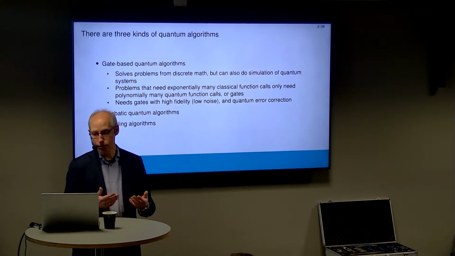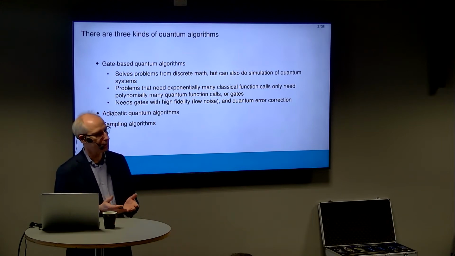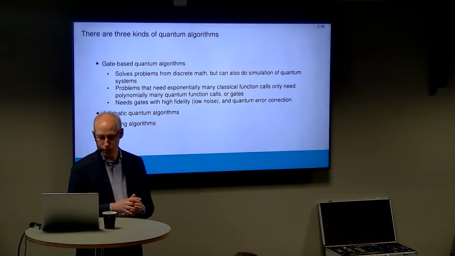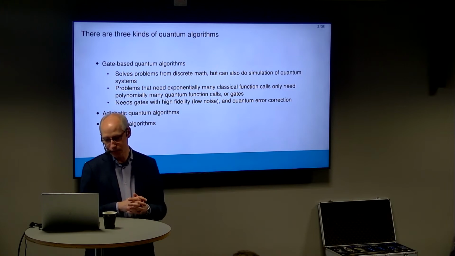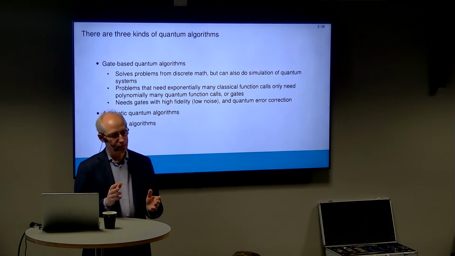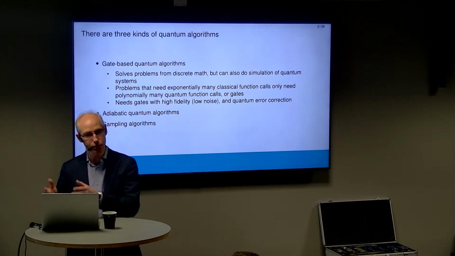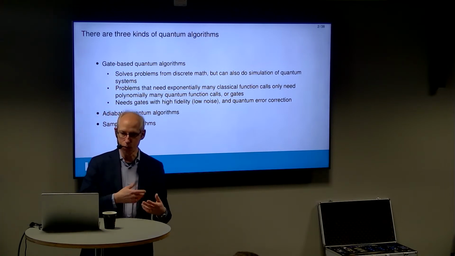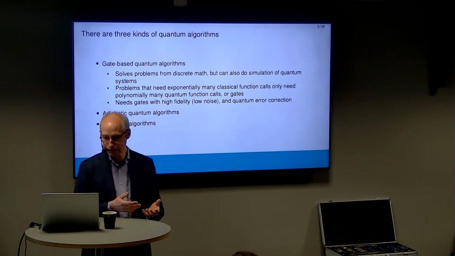Now, you can also simulate complicated quantum systems if you like. That's another use of them, but I'll soon mention another kind of quantum algorithm that does that much better. This simulation task is really to take a complicated physical system and simplify that so that you can find the important behavior of that complicated system.